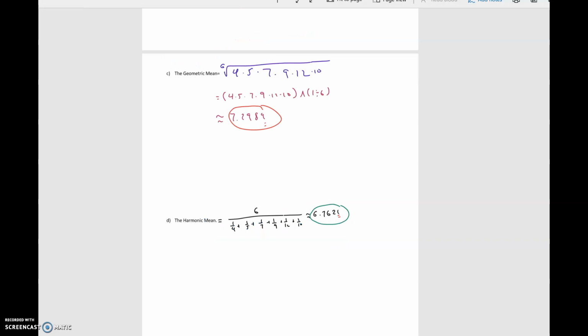Sorry, I was just double checking that our answer is correct. In this case, we're actually matching. So I'm getting 6.7621. That would be for the harmonic mean.